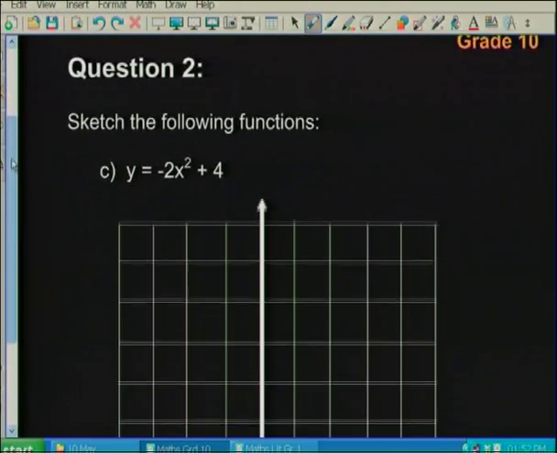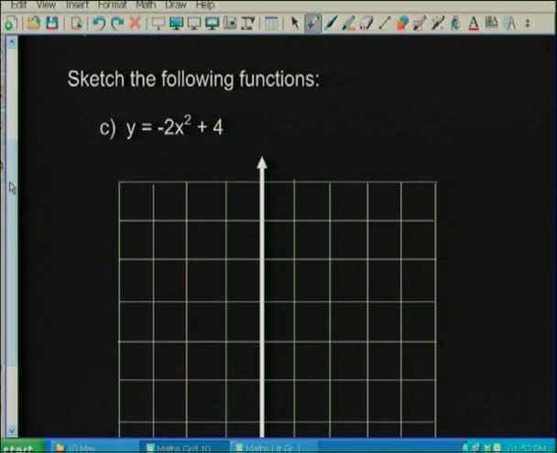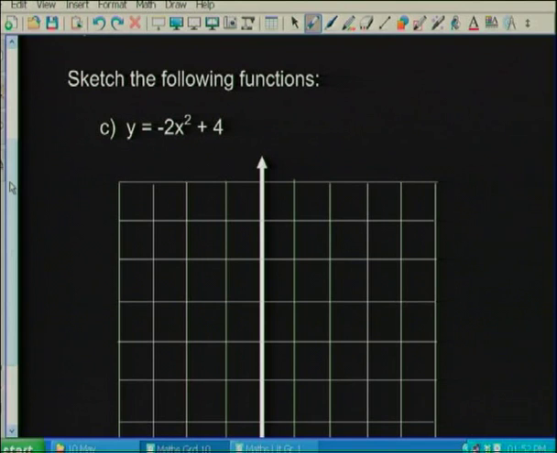Just as I expected, our next example is going to be a graph with a negative a value. So let's just quickly form a mental picture of what we are expecting. The fact that the coefficient of x squared is negative 2 means I'm going to have a sad face. But it's negative 2 plus 4, so it is a sad face that is shifted 4 units up from the origin.